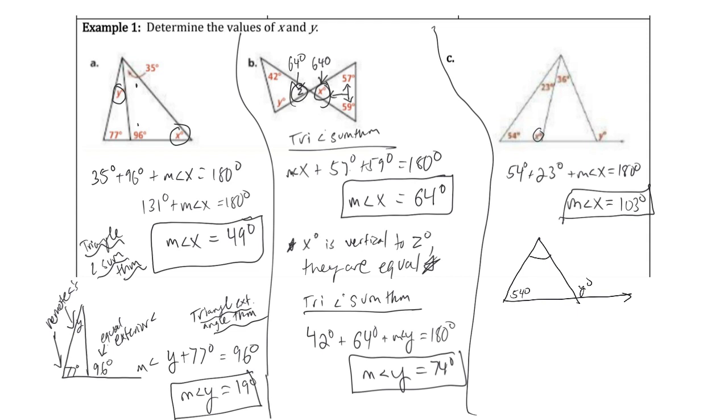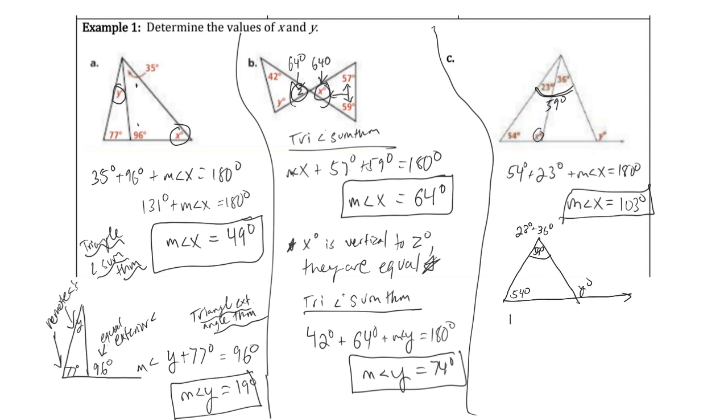Now this angle here is adding 23 plus 36, 23 degrees plus 36 degrees, which gives us that other angle, 59 degrees. I got that 59 from right here because this total angle is 59 degrees, because 23 plus 36.